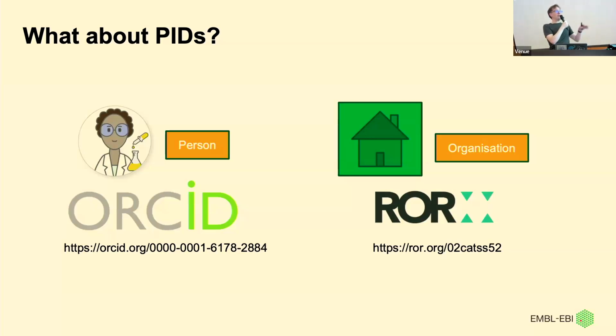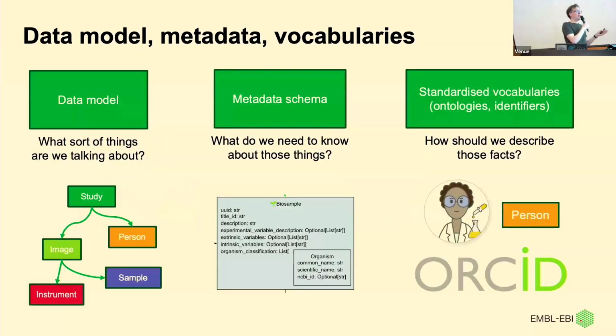So these are the things that go into putting together metadata schema and vocabularies. These are the tools we have to work with, but it's useful to think about them separately.